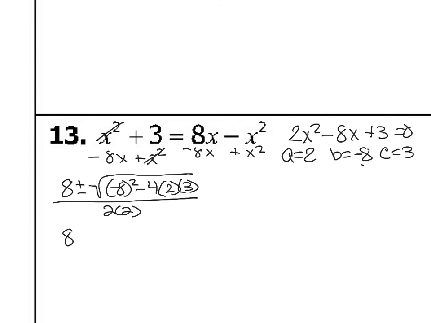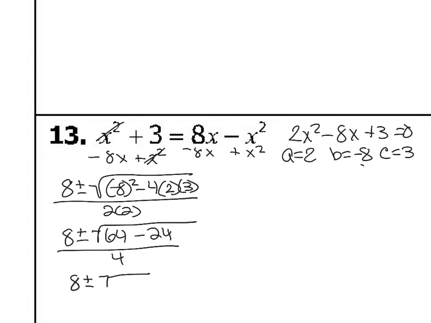And y'all, they could put this on the no calculator part. It'd be rough. All right, so negative 8 squared is 64, minus 4 times 6, 24, divided by 4. So that's going to be 8 plus or minus square root of 40 over 4.